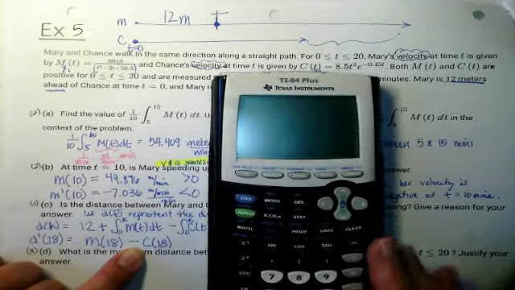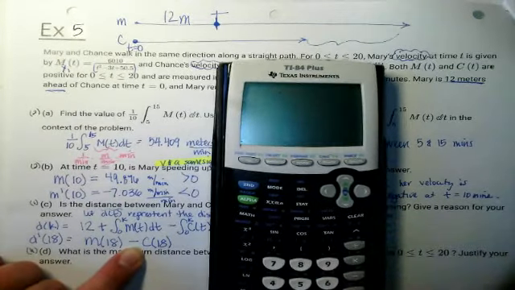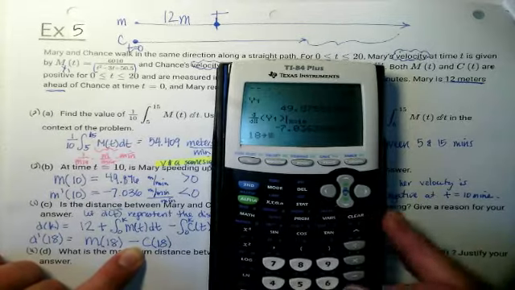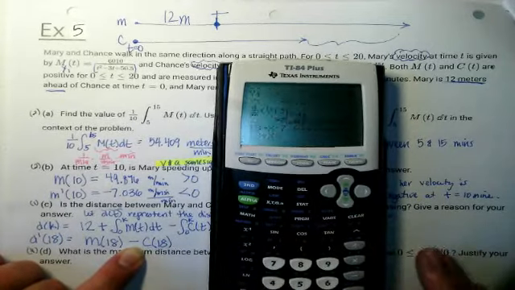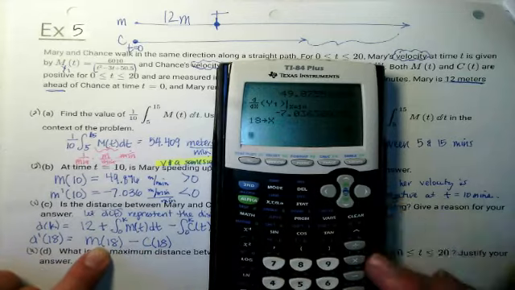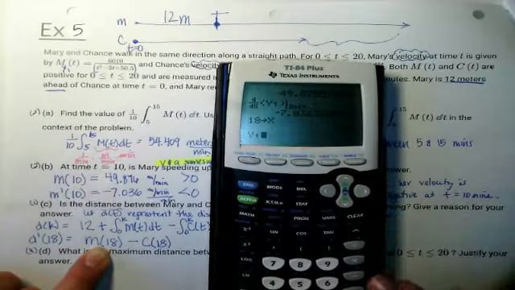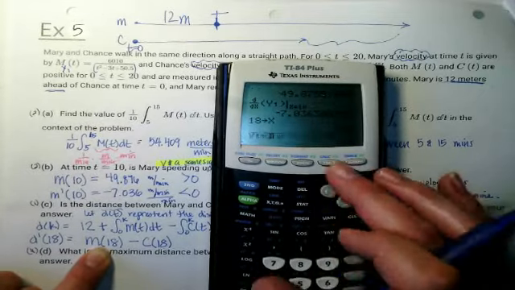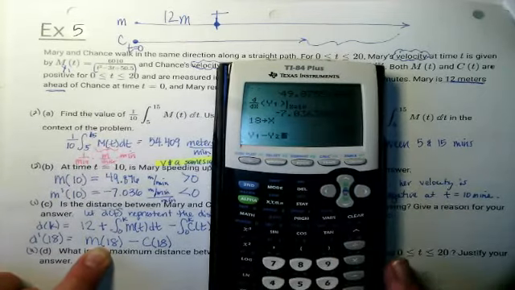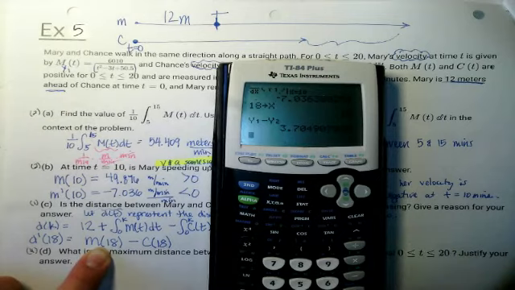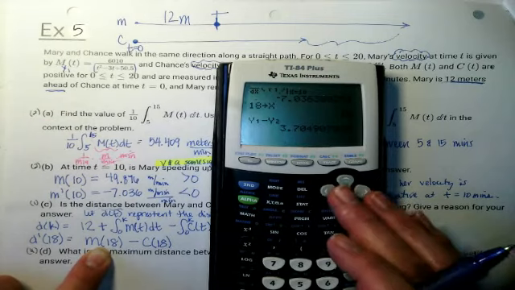Let's see. I'm going to store 18 in my x slot. And I want to do m of 18, so that's y1 minus y2, evaluated at 18. And I get not what I expected. Damn it. I'm not quite sure what it did.